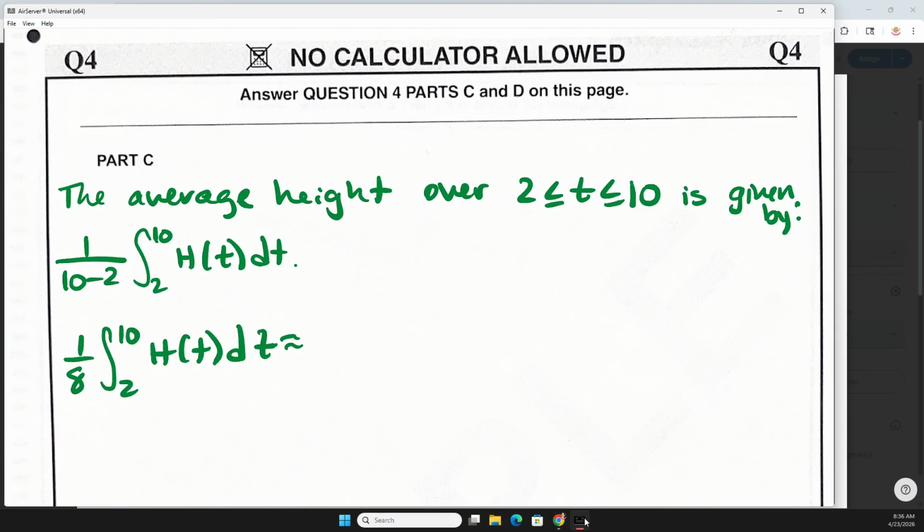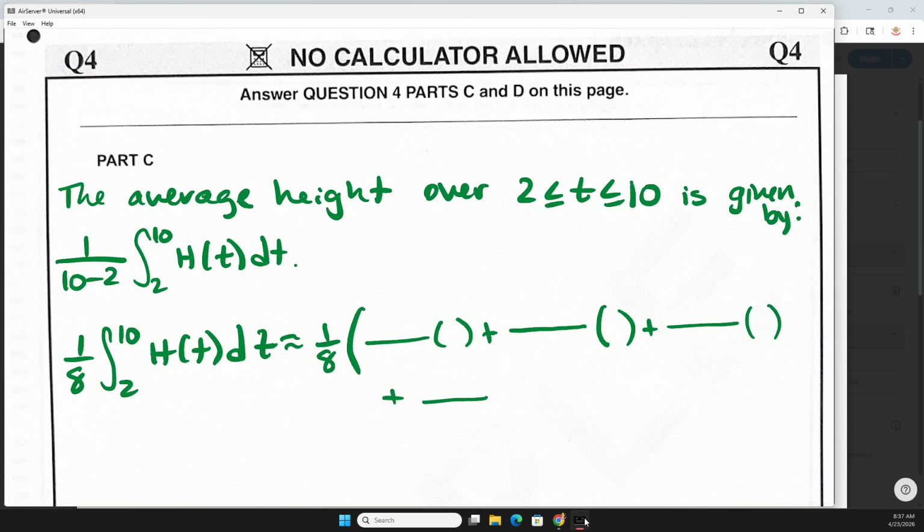Okay, so don't forget that 1/8. All right, and so what we're going to do, so we're going to have four trapezoids, and so for trapezoids, you add the bases, divide by 2, and multiply by the heights.